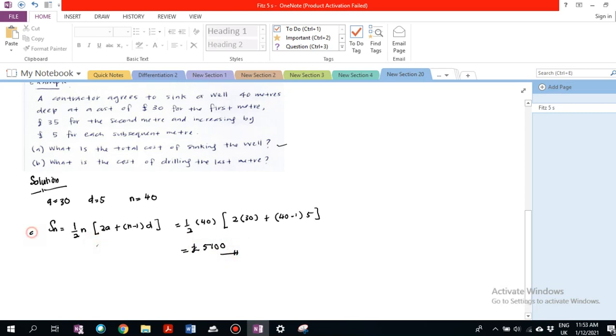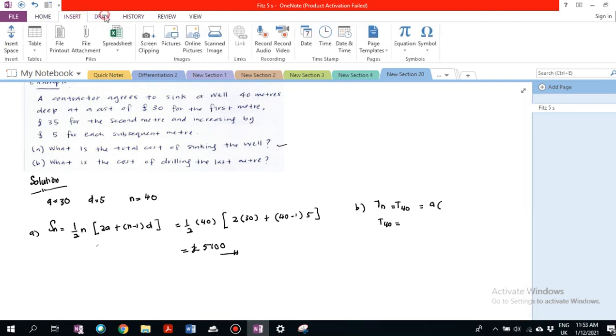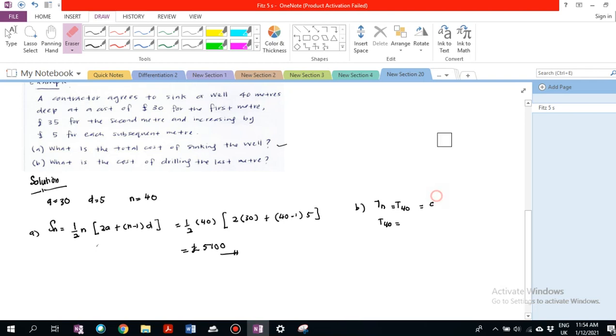So this is for part A. And for part B, what is the cost of drilling the last meter? We know that the last meter is Tn, which is T40. So T40 is equal to a plus n minus 1 d.